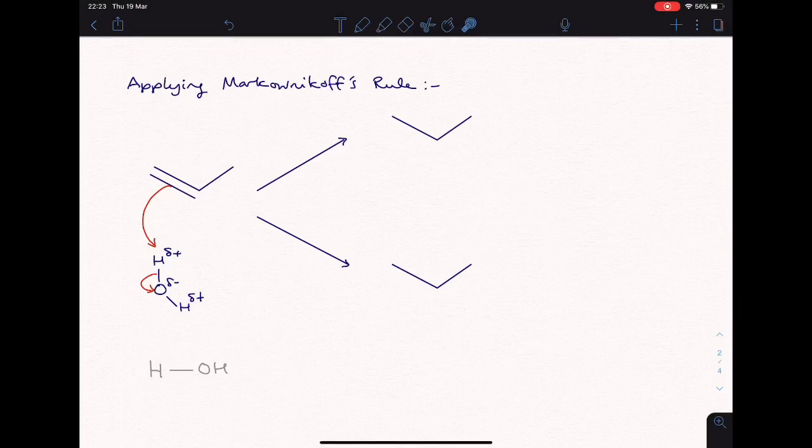So as the bonding pair of electrons move away from the space between the two carbon atoms and towards the hydrogen, it will now exist between the hydrogen and one of the carbons. Okay, so it could be this carbon or this carbon.